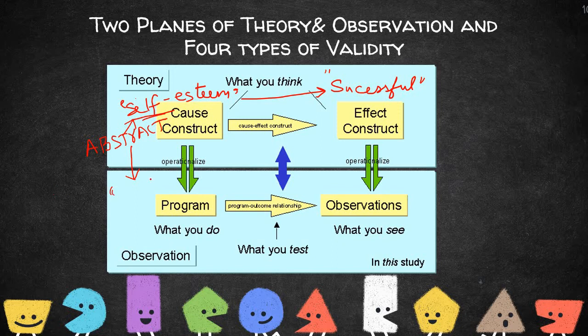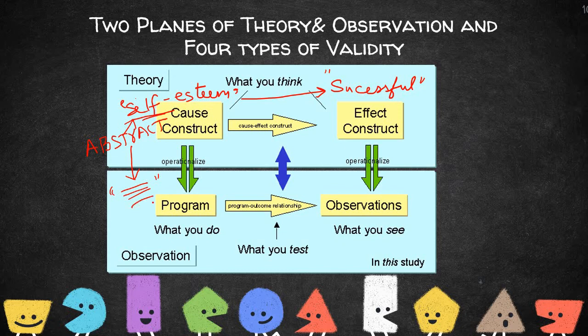So maybe when the researcher is making a questionnaire, he is actually translating his abstraction into reality. So the same thing is happening with the cause construct: something which was abstract, which was there in the head of the researcher, is now very much available in the public domain.